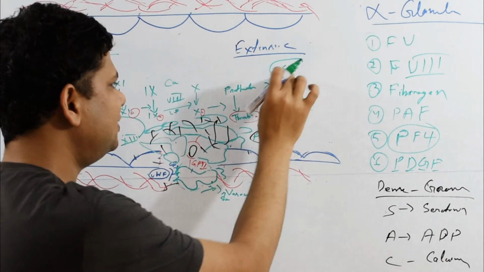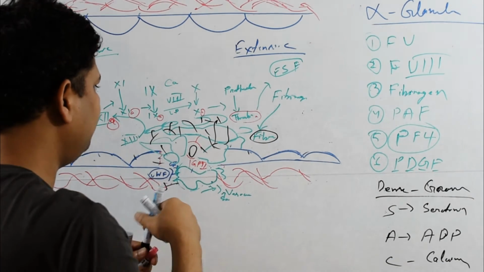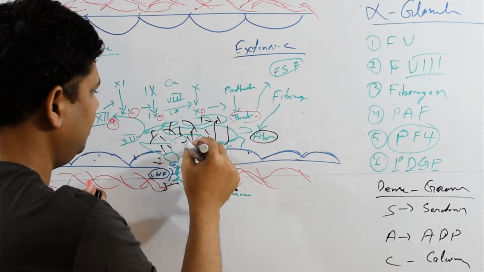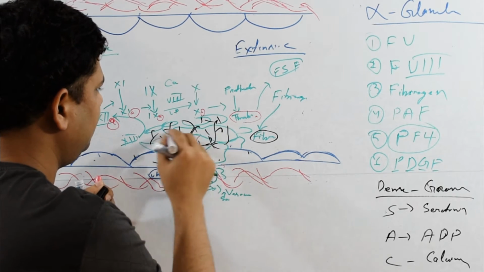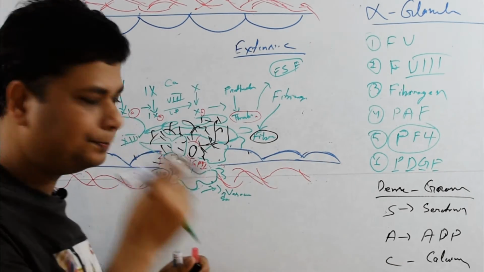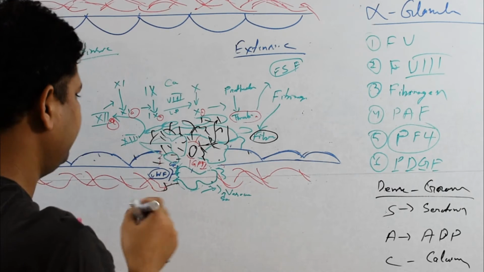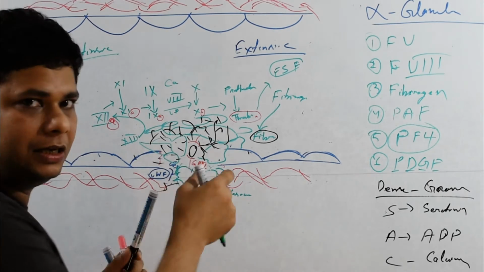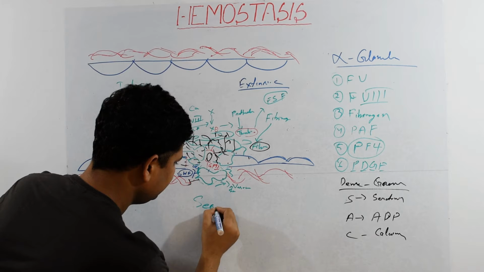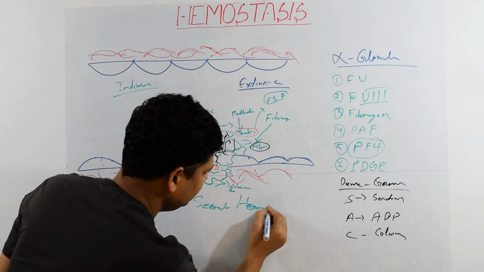So these fibrin stabilizing factors will cross-link these fibrin monomers and they will make the mesh. Now this has become the secondary clot, or secondary hemostatic plug.